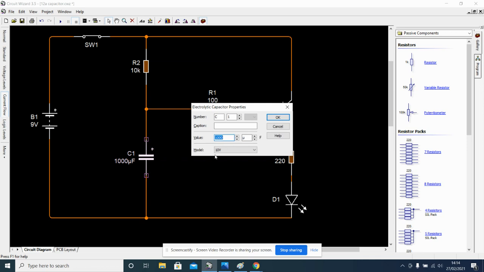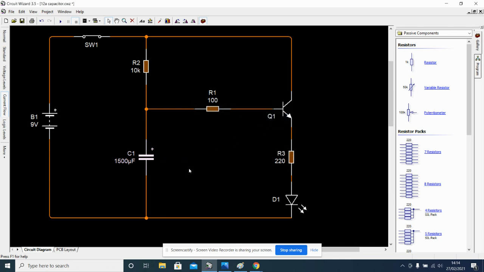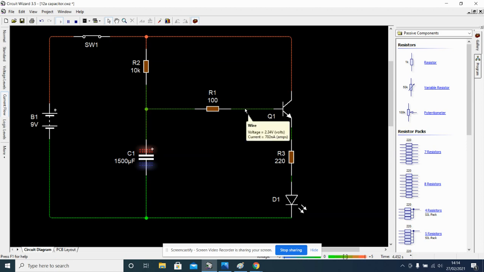Let's watch what happens if we change the value of our capacitor. It's a bigger capacitor now, so it should take a little bit longer. There we go. So it took almost twice as long, I reckon.